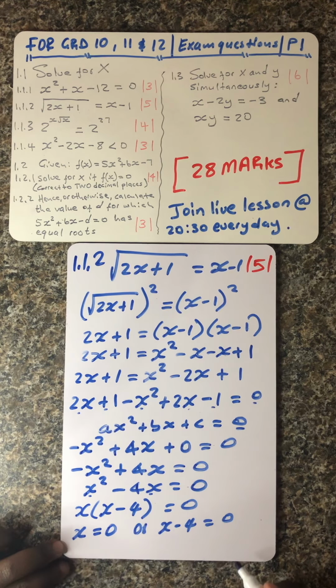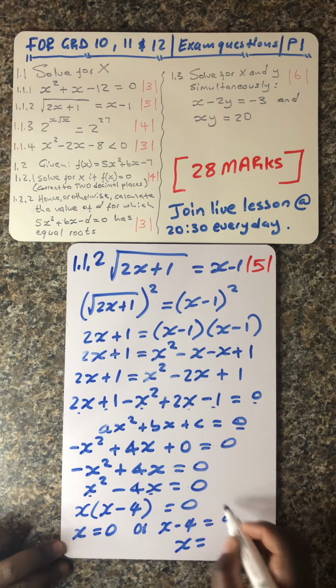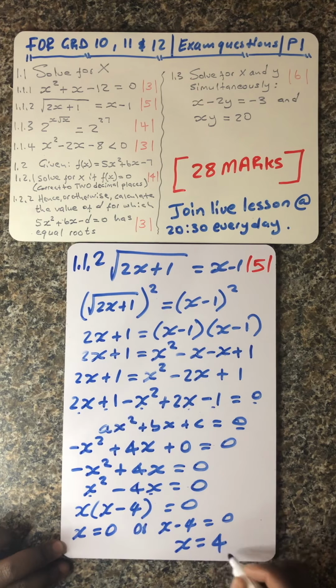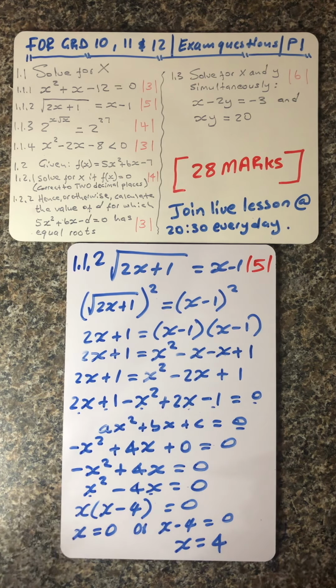And you see guys, when you get to this stage, you just want to solve for x. Your x equals, you write 4 to the other side of the equal sign, it becomes positive 4. Okay, so guys, at all times, please remember that when you solve for x, in the end you must say that x equals a certain value.